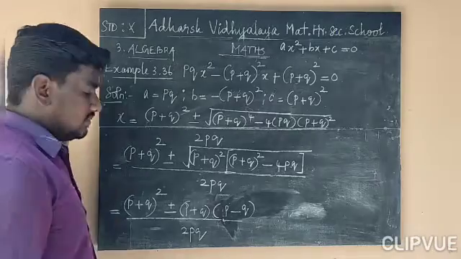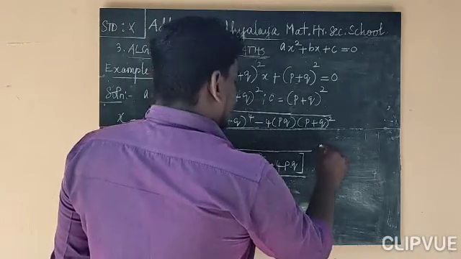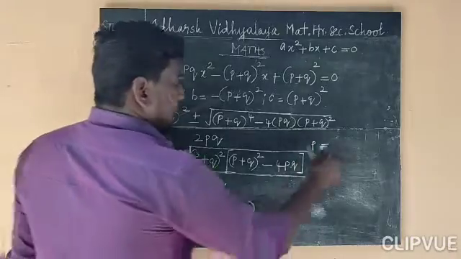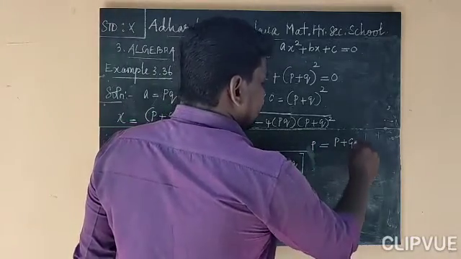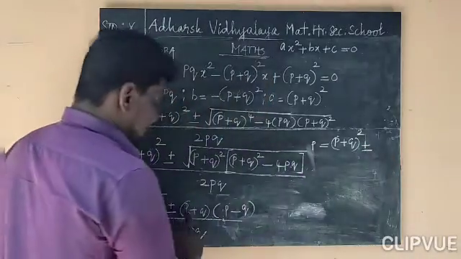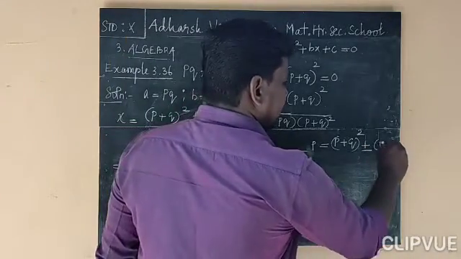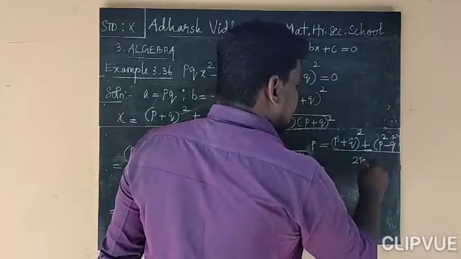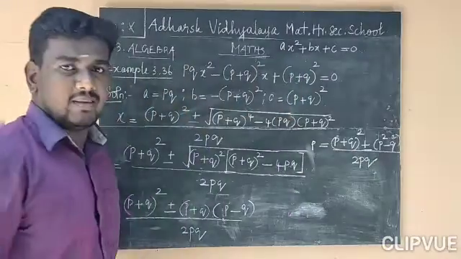A square minus b square means, so p is equal to (p plus q) whole square plus or minus (p square minus q square) whole divided by 2pq.